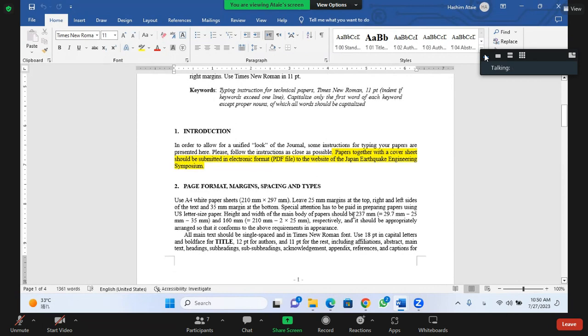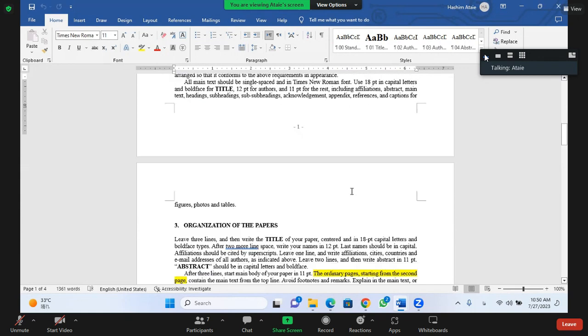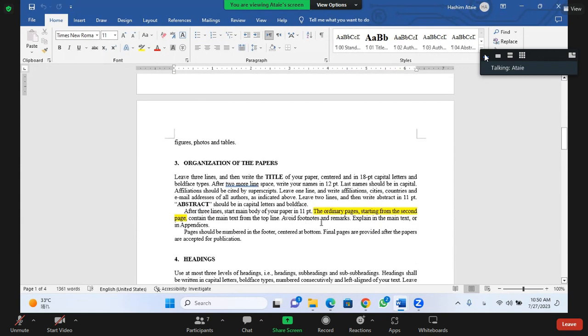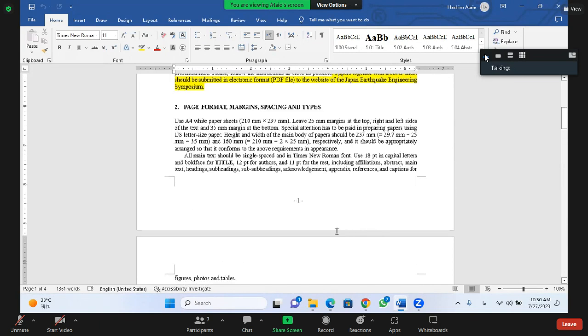So this was my question, sensei. And there was another thing: the ordinary page starts from the second page. What they mean, I also don't know, so you can ignore it, sensei.